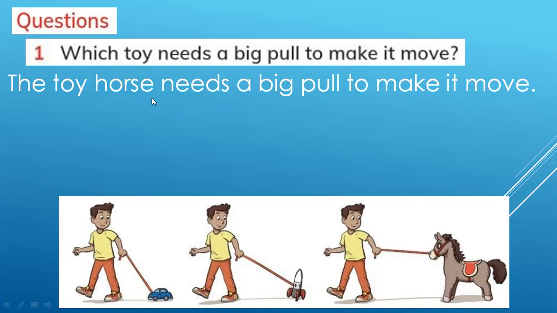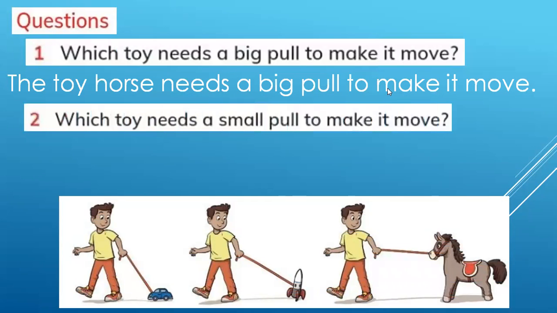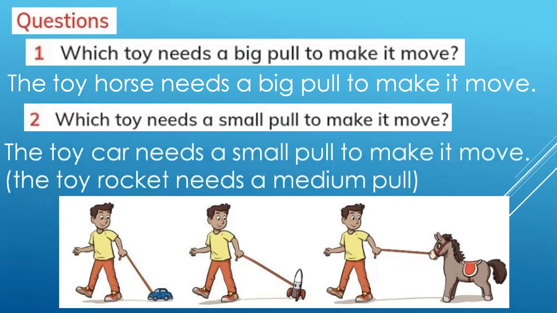Which toy needs a small pull to make it move? The toy car needs a small pull to make it move. And the toy rocket needs a medium pull because it is not very small and it is not very heavy. So we will say it needs a medium pull.